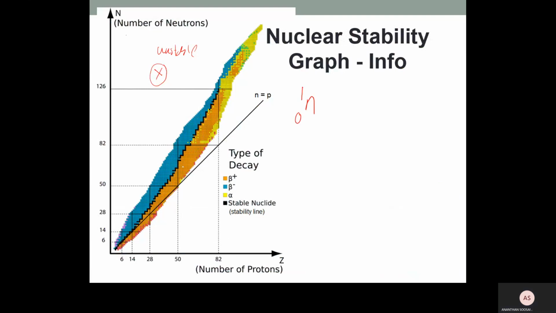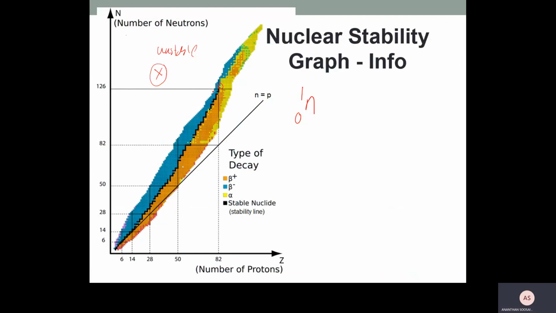So what must the nucleus do? It must reduce the number of neutrons, or increase the number of protons. If you reduce the number of neutrons, you fall here. If you increase the number of protons, you might reach the line.